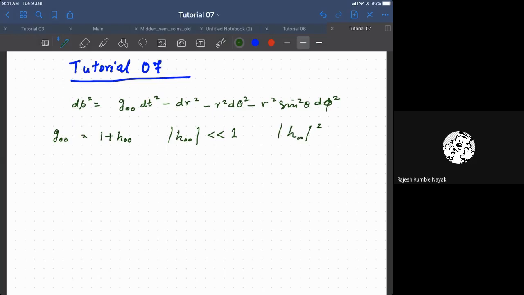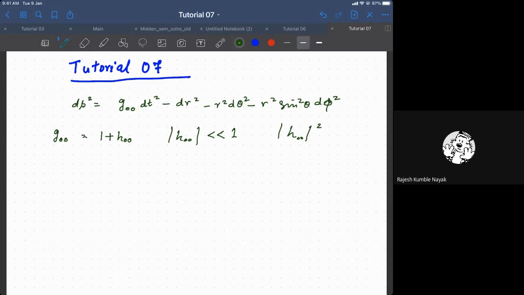It is much easier to do a full calculation, while in the approximation you have to keep track of the order. However, the first order approximation can always be neatly done. It is much simpler, while going beyond first order is a big mess. So let's stick to first order. That means whenever terms of the type H00 squared come in, we simply set them to 0. That is our understanding.